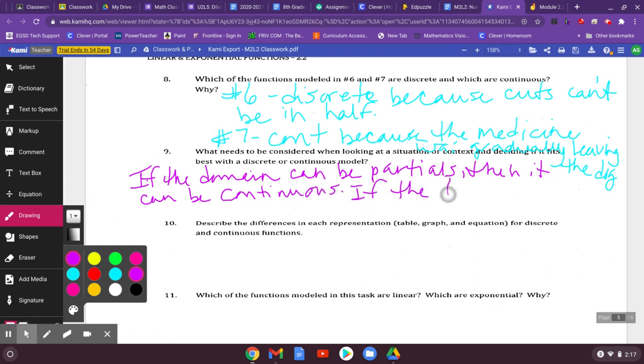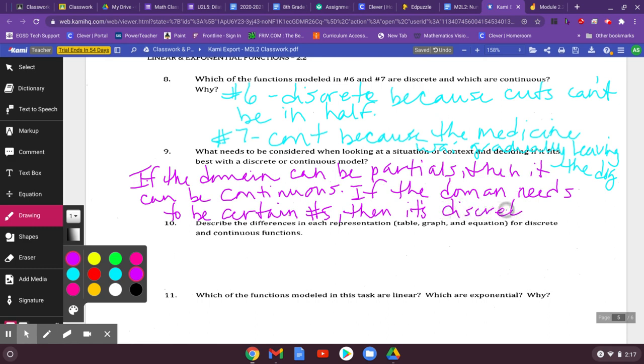If the domain needs to be certain numbers, then it's discrete. So your domain is really a big clue on this one.